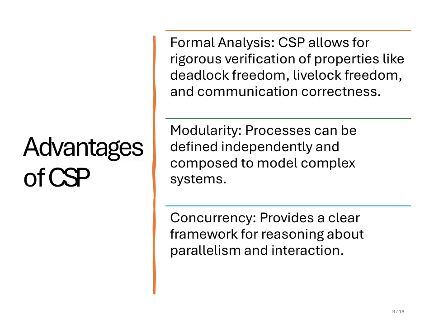It also promotes modularity by allowing processes to be defined independently and then composed together, so complex systems can be built up in a manageable way. Additionally, CSP offers a clear framework for reasoning about concurrency, helping us understand and design how processes run in parallel and interact efficiently. This combination makes CSP a powerful tool for modeling and analyzing concurrent systems.